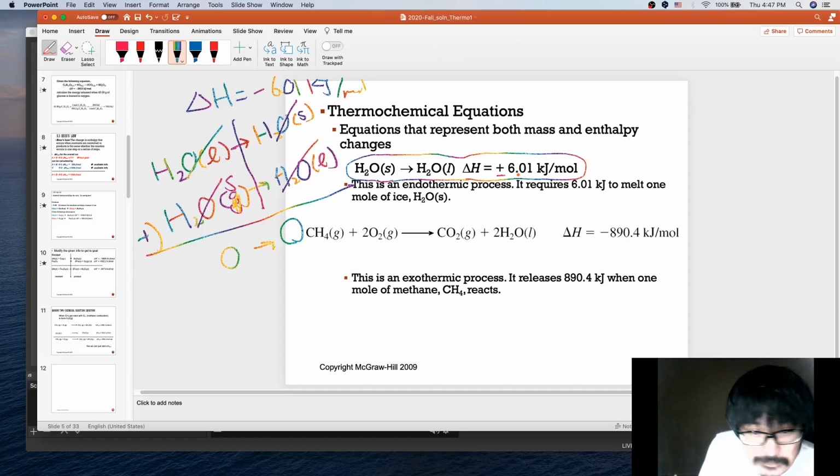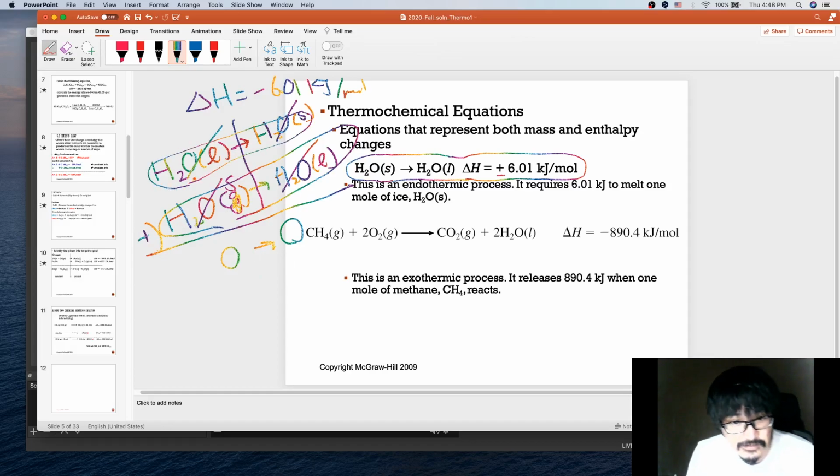And we know that the second process here is a positive 6. That means this process has to be negative 6, because if you add these things up, it has to add up to 0. So anytime you swap the product and the reactant, this becomes negative, the negative of the forward process.